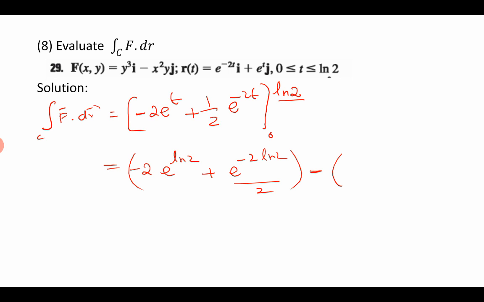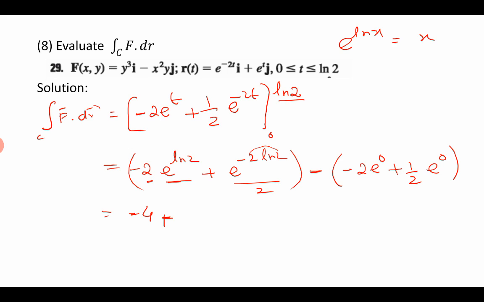Now the lower limit is 0: minus 2 e power 0 plus 1 by 2 e power 0. E power ln2 is 2. This one is e power ln x is equal to x. So 2 into minus 2 will be minus 4.